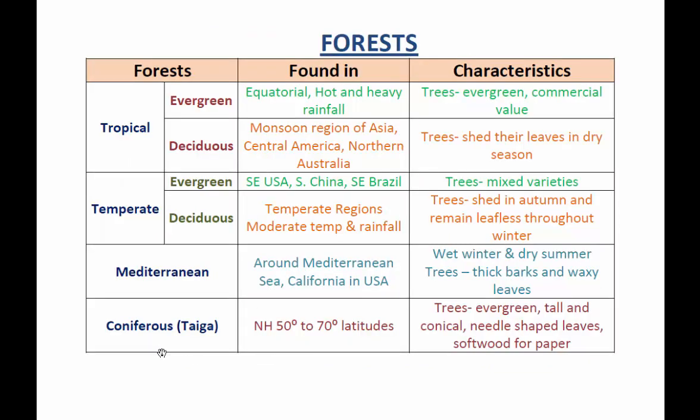Coniferous forests. The trees are evergreen most of the time, and the trees are usually very tall and conical, so to say, in shape. Mostly they have needle-shaped leaves. One of the reasons is to reduce transpiration, which I have already told you in the word meaning, and they produce softwoods.